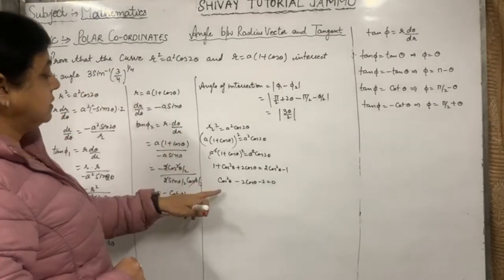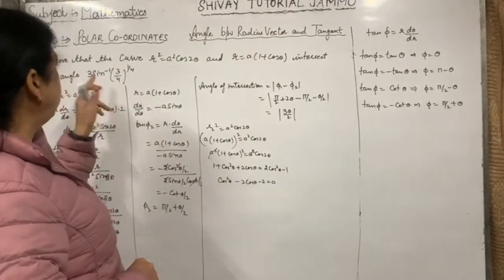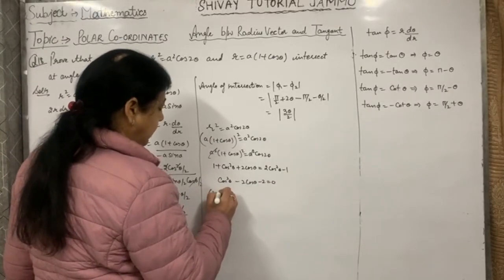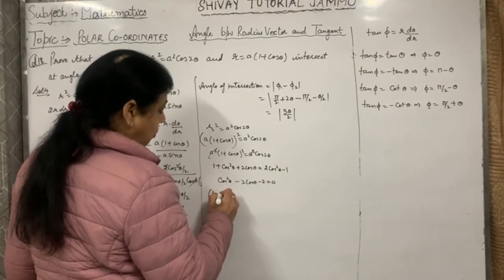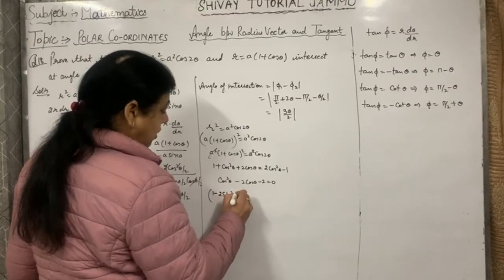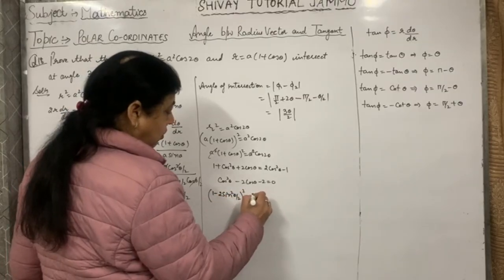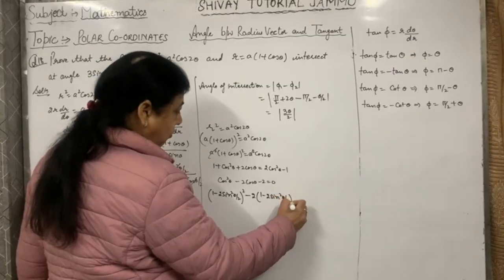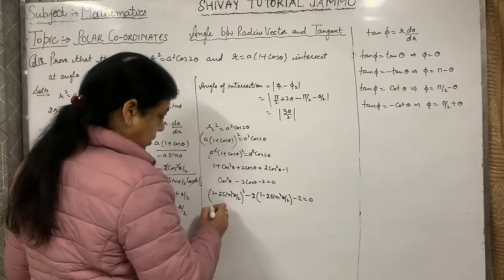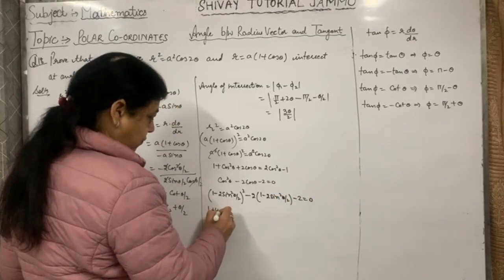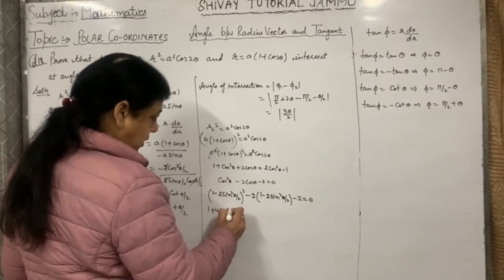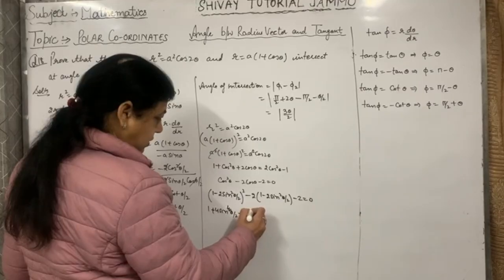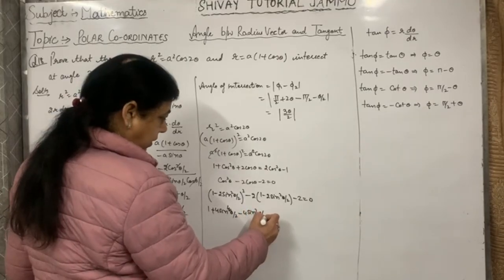We have, this is quadratic in cos, but we want it in sine. So cos theta, I can write it as 1 minus 2 sine square theta by 2. Cos theta is 1 minus 2 sine square theta by 2, minus 2. This is 1 plus 4 sine 4 theta by 2 minus 4 sine square theta by 2.